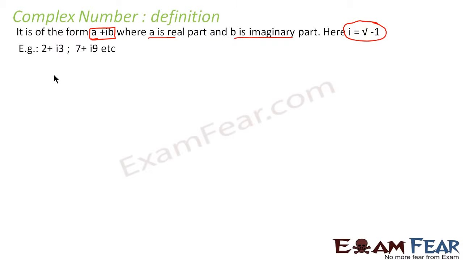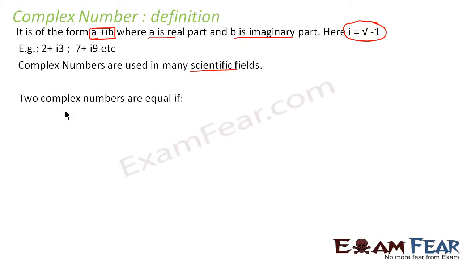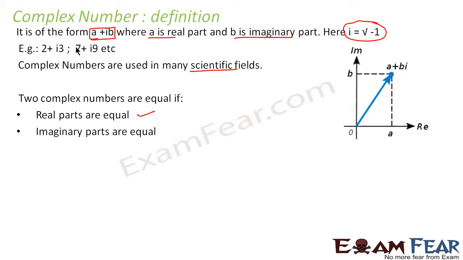So what is the use of complex numbers? Complex numbers are used in scientific fields. Also, if we have two complex numbers and they are equal, then the real parts are equal and the imaginary parts are also equal. If you want to represent a complex number in the xy coordinate plane, you can put a on the x-axis and b on the y-axis, and you get a plus bi.